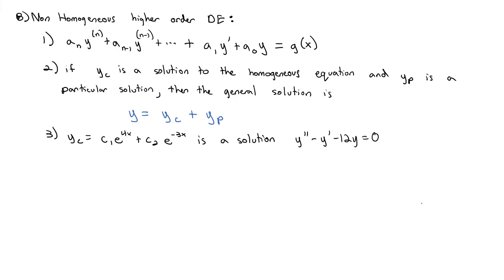That's what we just confirmed up in part A. Also, we're being told that y particular equals negative e to the 2x is a solution to y prime prime minus y prime minus 12y equals 10 e to the 2x.